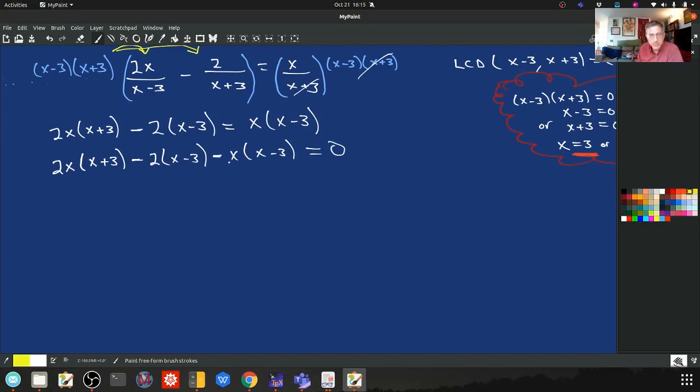So now I'm going to show you something. Right here, I have a common factor of x minus 3. So I'm going to kind of just isolate this little segment right here, and I'm going to factor out the x minus 3. So I'm not doing anything to the first term.